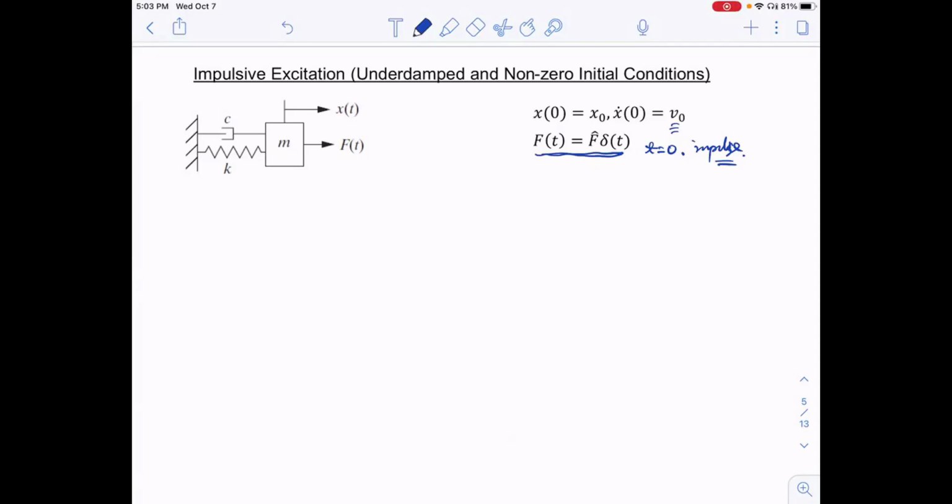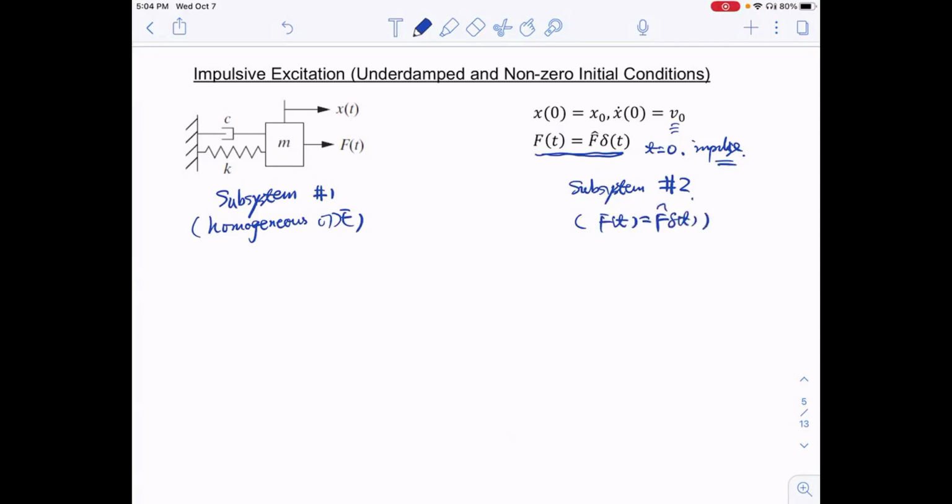Again, because it's a linear system, we can decompose these two types of inputs. The first one is the homogeneous ODE. The second one is due to force excitation. You just need to find the solution for both cases.